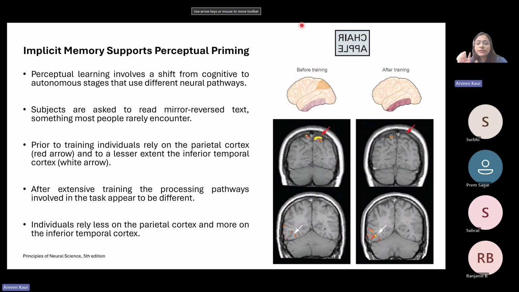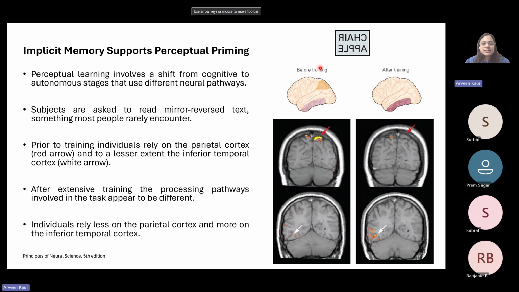But if you are seeing it for the first time, it will take you a little longer than it took me to read what that word is. Or even if a new inverted word is given to me, it will still take me less time than somebody who is seeing mirror inverted text for the first time, because now my brain is trained for it, right?